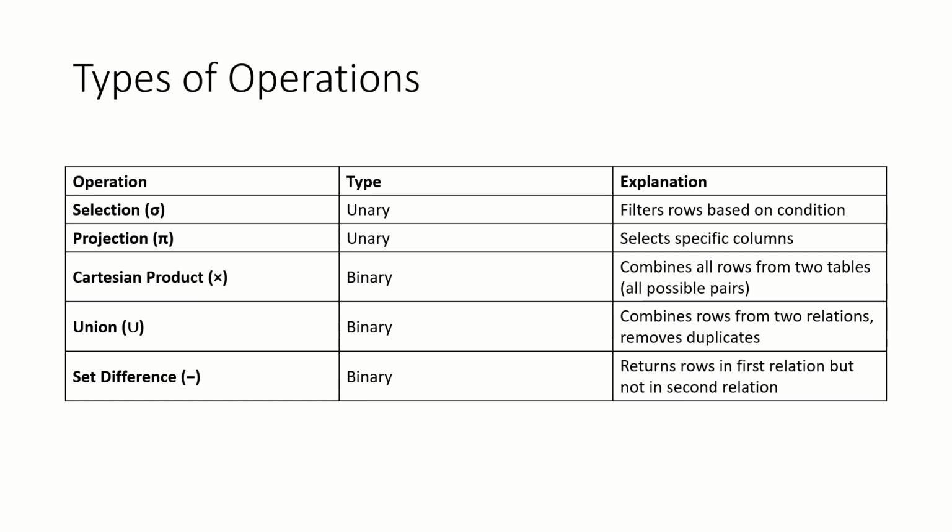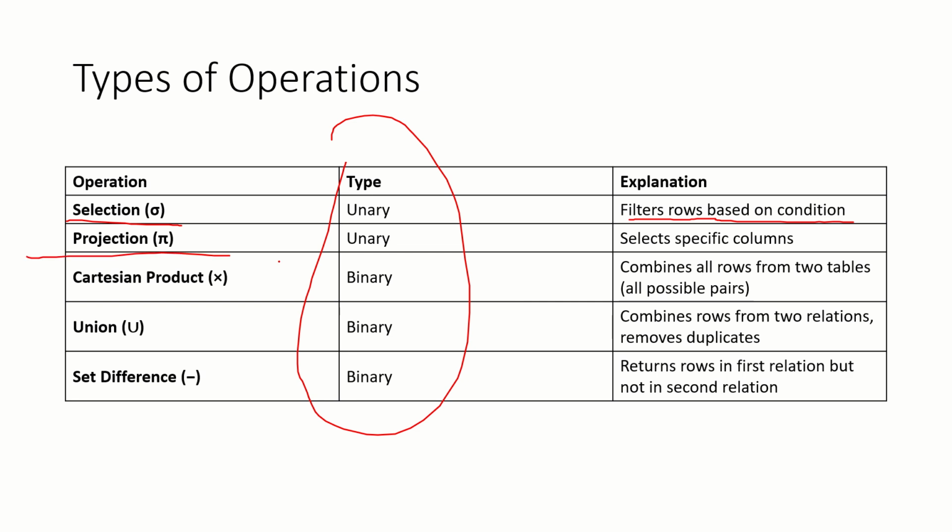Okay, so there are many different types you need to understand. We have 2 types totally. One is unary, another is binary. So for the selection, basically, based on one table, you try to filter the table based on a specific condition. Okay, I have some examples later.